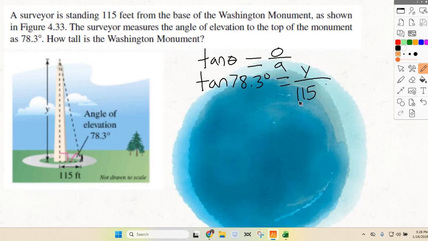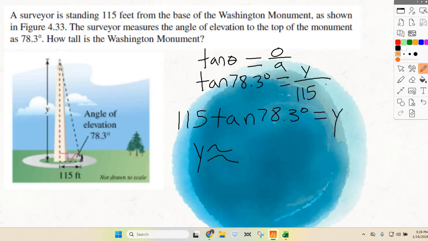Now, is 78.3 degrees on our unit circle? No. So that means we're not going to get a nice pretty value from our unit circle. We're just going to use our calculator instead. I'm going to multiply both sides by 115 to get that out of the denominator, and then we can plug that into our calculator. Remember, tangent is one of the buttons on your calculator. You want to make sure that your calculator is in degree mode.